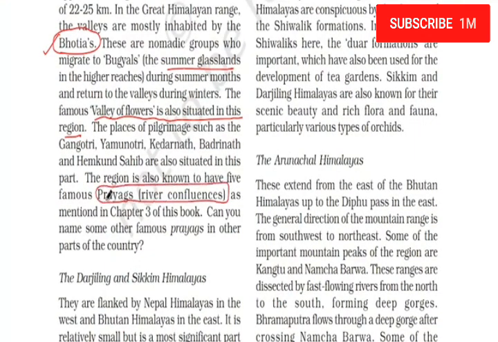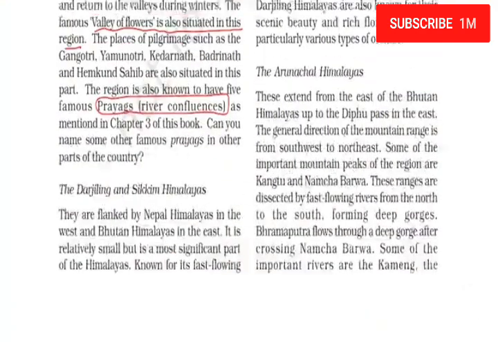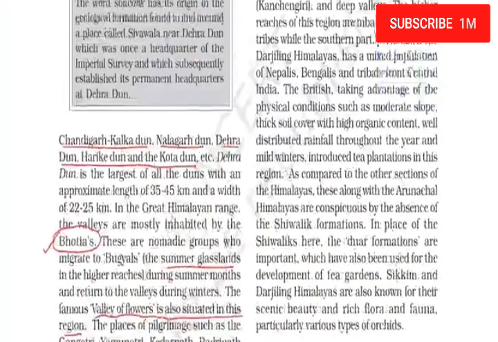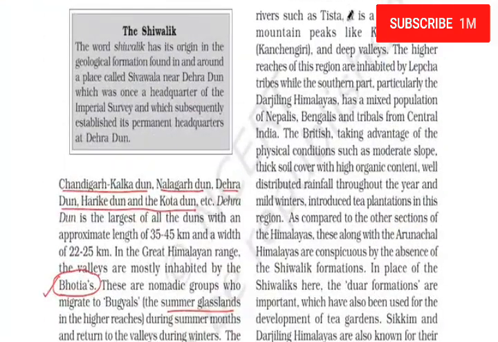Then you have the Nepal Himalayas, which we are not interested in. We need to see the Darjeeling and Sikkim Himalayas. They are flanked by the Nepal Himalayas in the west and Bhutan Himalayas in the east. It is relatively small but the most significant part of the Himalayas because it has fast flowing rivers like Teesta. It is the region of high mountain ranges like Kanchenjunga and deep valleys.